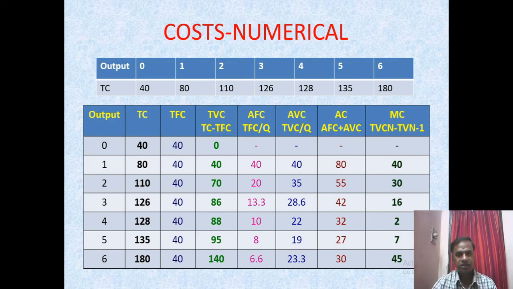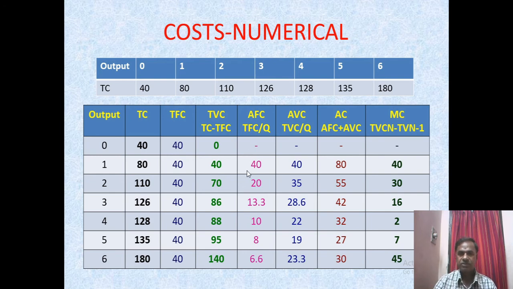We studied that at zero level of output, TC is equal to TFC. So we write 40 at all levels of output. Then find TVC. TVC is equal to TC minus TFC. 40 minus 40, 0. 80 minus 40, 40. 110 minus 40, 70. Likewise, we calculate TVC by finding the difference between TC and TFC.